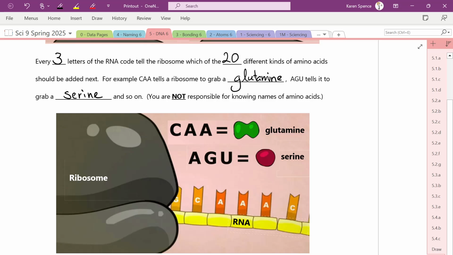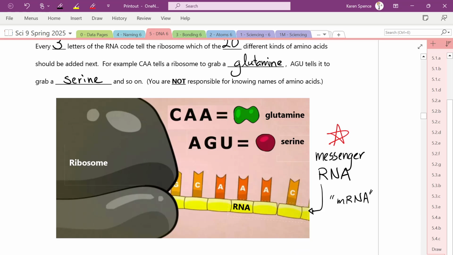Now, while we're at it, we might as well mention that this particular type of RNA is called messenger RNA. That's a vocab word. Because messenger RNA is a long word to write, we will call it mRNA.